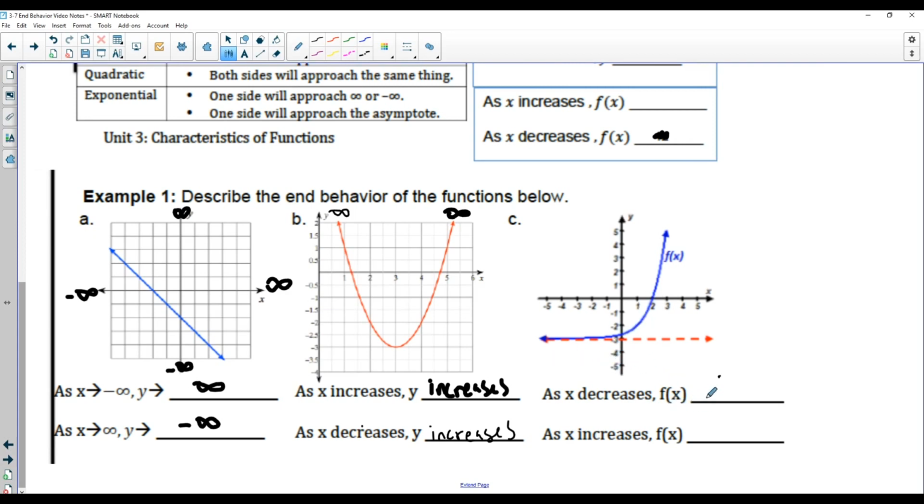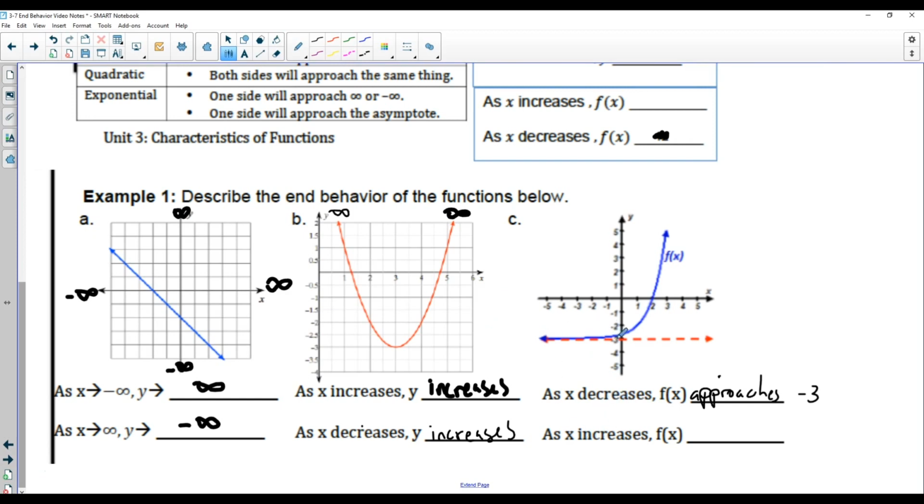Instead, as x decreases, f of x is going to approach -3, because that's the value of the asymptote. Remember, I told you to expect with exponentials that one side is going to approach one of the infinities, and the other side will approach the asymptote value. So in this case, -3, because it's trying to get to -3. It's never going to get there, so it's just going to keep getting closer and closer.